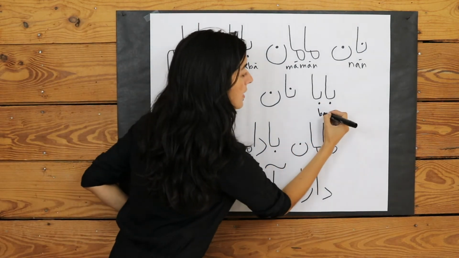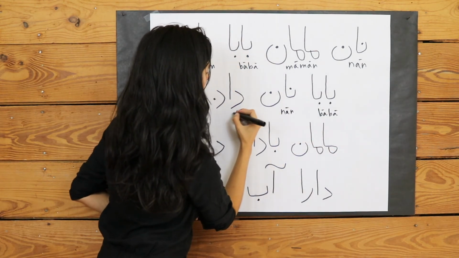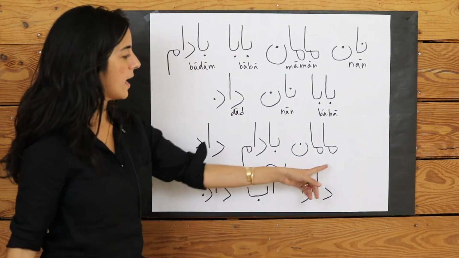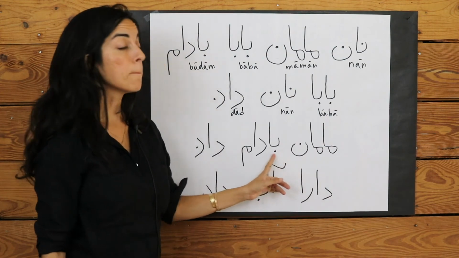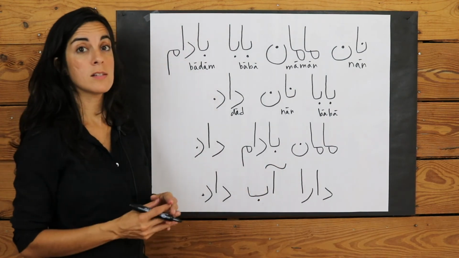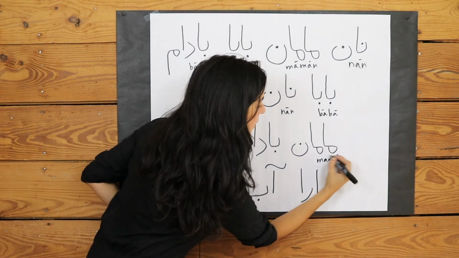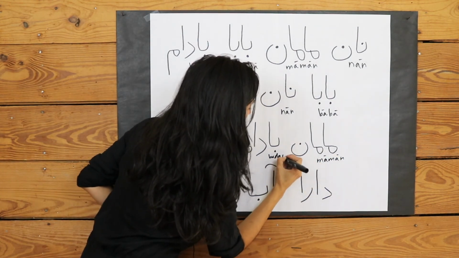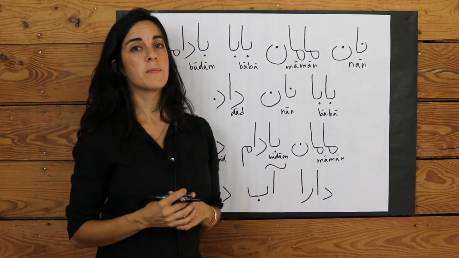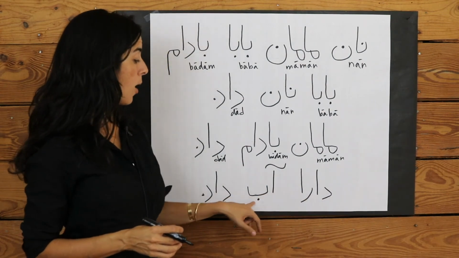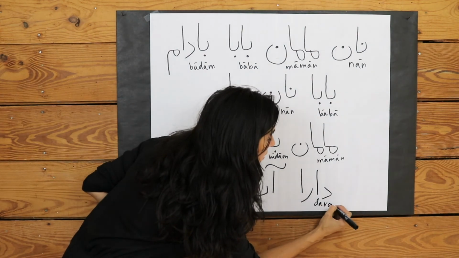So daddy gave bread. Next. Maman, badam, dad. So mother gave almonds. Badam, dad. And finally, Dara, ab, dad. So Dara gave water.